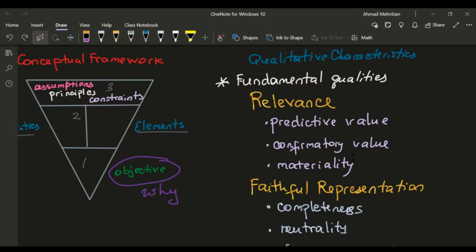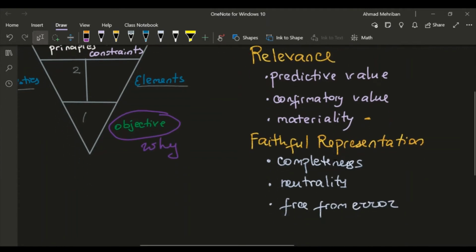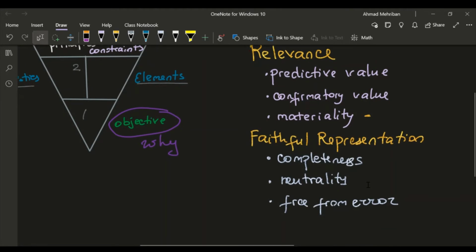And then materiality is information that is material. If, for example, we remove that information from the financial statement, it will be material to the decision making. So it will influence the decision making, and that's why we can understand whether the information is material, whether it is important or not. So that's relevance. And the second part is the faithful representation.